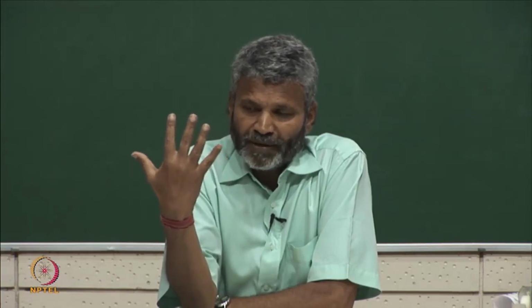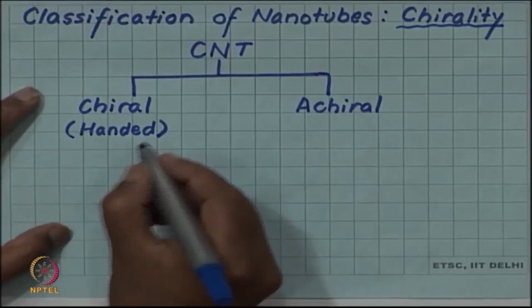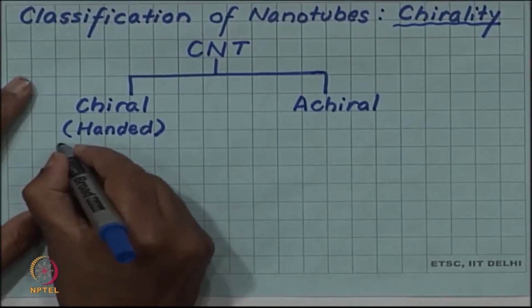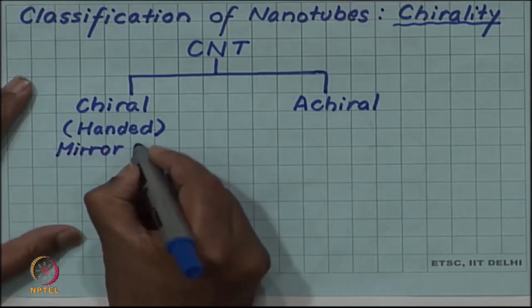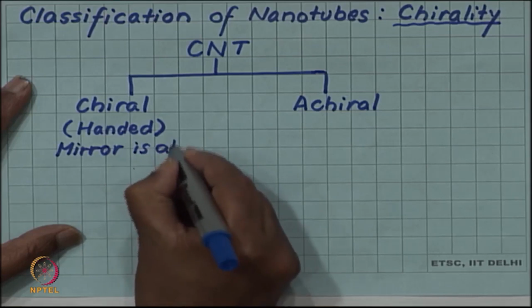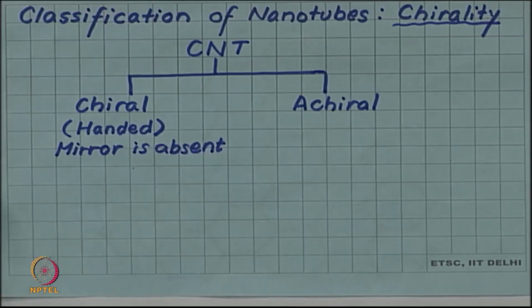That is why when I reflect it in a mirror, a different handedness hand is produced. So, for chiral or handed structures, it is important that a mirror plane is absent. Only when a mirror is absent can you have left handed and right handed versions of an object, and that is called a chiral object.